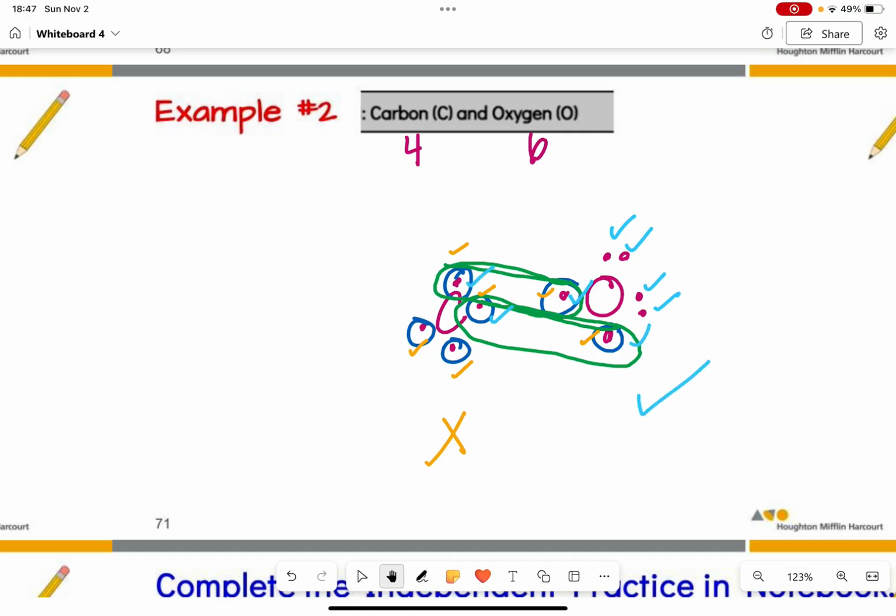So to help carbon meet the octet rule, I'm going to have to add another element. I don't want to add carbon again because adding the same thing that doesn't meet it is not going to help you out. I want to add another dot diagram for the element that I know can meet it again.